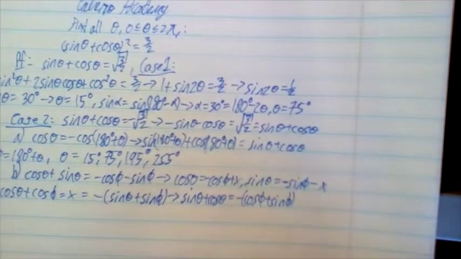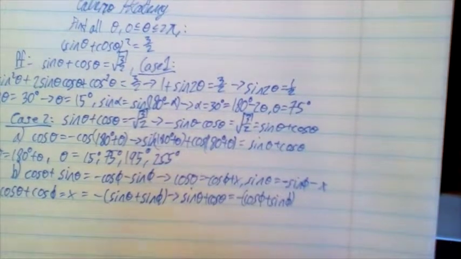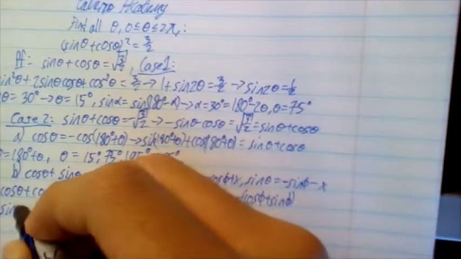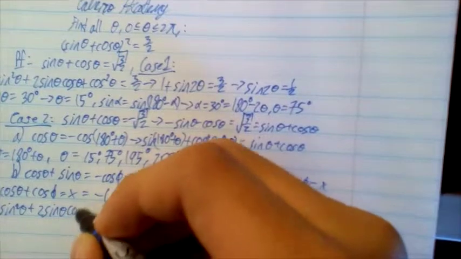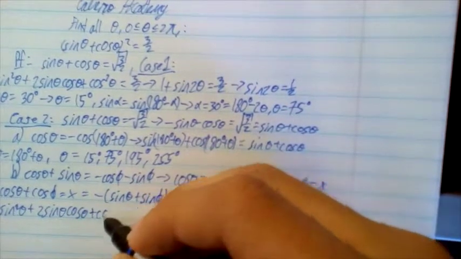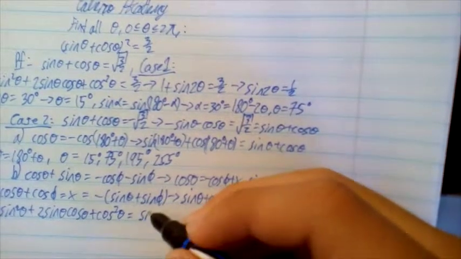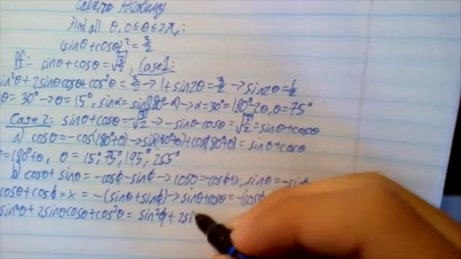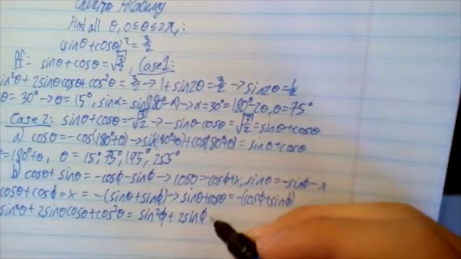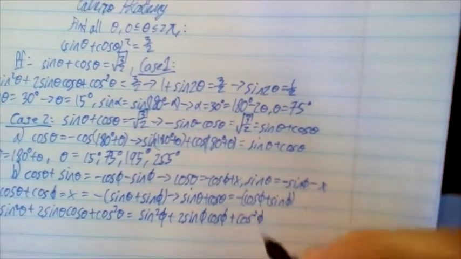Now we square both sides, and we use the fact that sine squared alpha plus cos squared alpha is equal to 1 for all alpha. We get that sine squared theta plus 2 sine theta times cos theta plus cos squared theta is equal to sine squared phi plus 2 sine phi times cos phi plus cos squared phi.